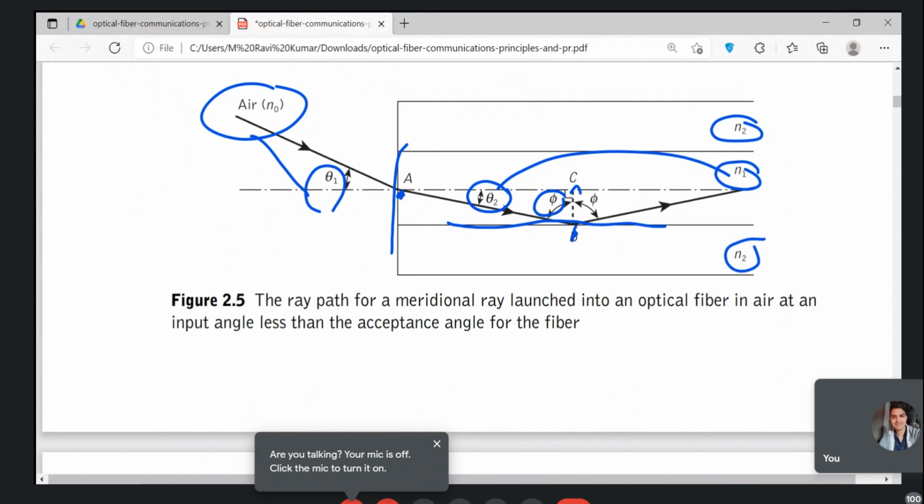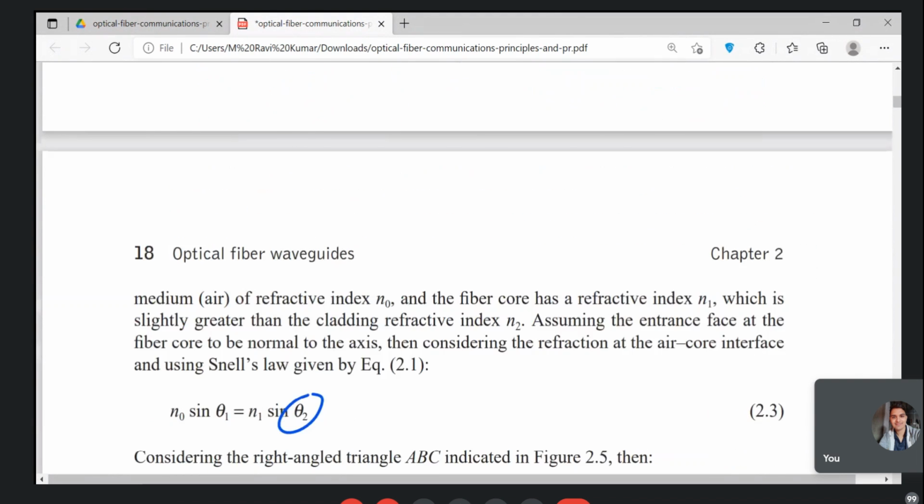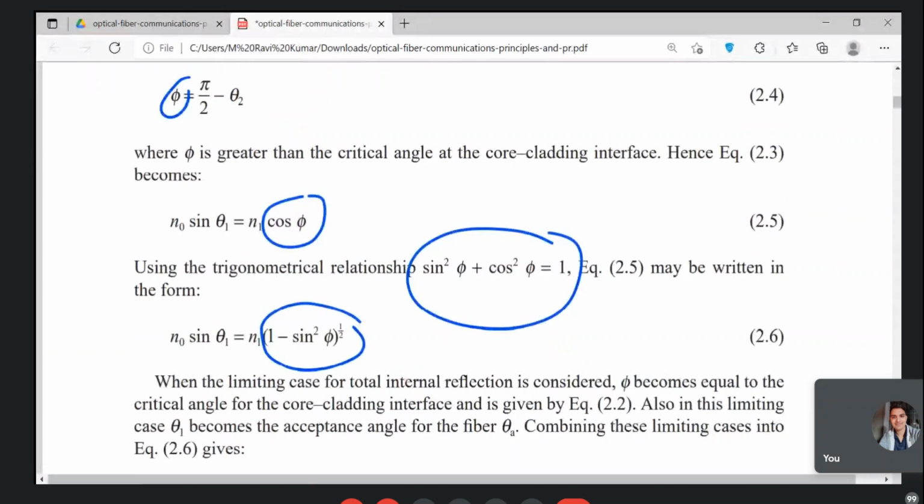So at phi c, we have an angle of incidence, and for total internal reflection this particular phi would be equal to 90 degrees. Okay, this would be along the core cladding interface. I hope that is clear.